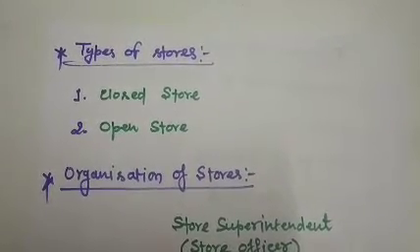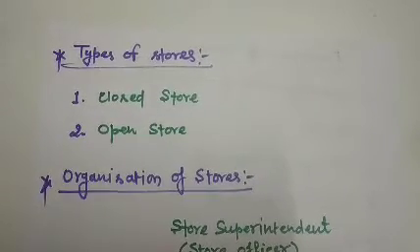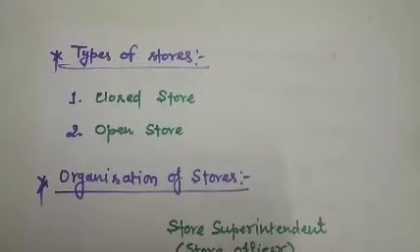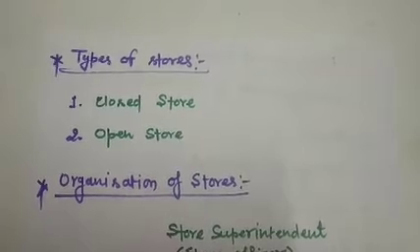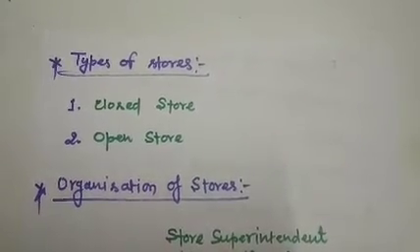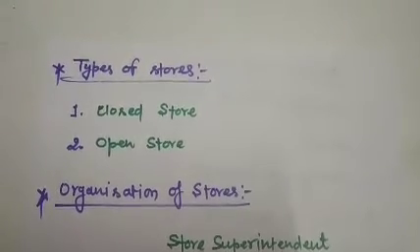But in case of open store, here materials are stored as close to the point of use, right? And there is no specific storage area, right? Every individual has access to any storage facility. After the receipt of material, it is delivered to the respective department. Chances of theft are high here.